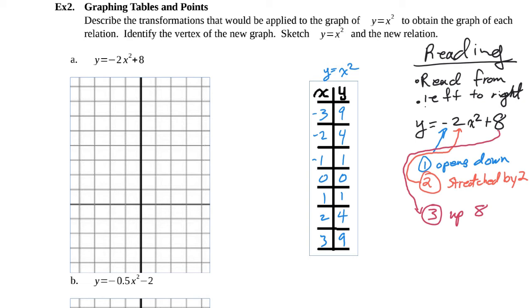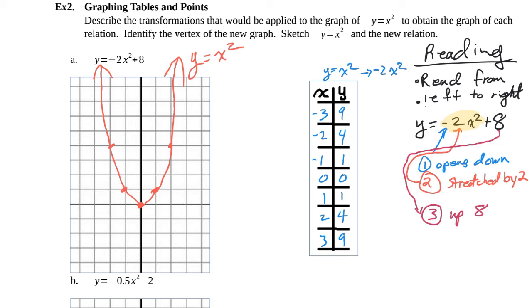Now let's create our base graph and then show all the transitions from number 1 down to 8. Based on our original graph, we get this for y equals x squared. Now, in order to change it into y equals negative 2x squared, which represents the stretch, we have to turn y equals x squared into negative 2x squared.